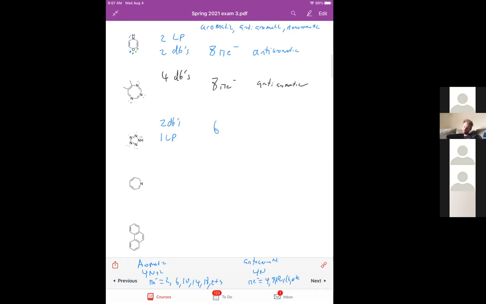That's 6 pi electrons, which is in our aromatic category. sp3 center, non-aromatic. Okay, we got 1, 2, 3, 4, 5, 6, 7 double bonds, which is going to be 14 pi electrons, and aromatic.